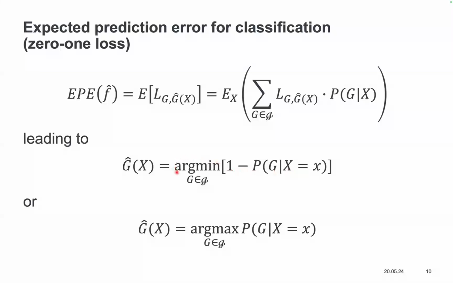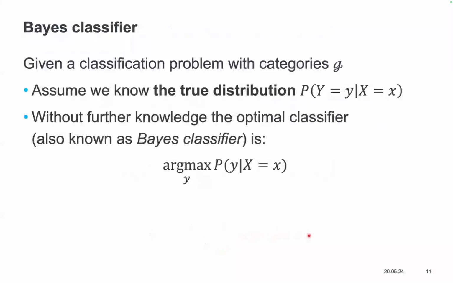And of course, instead of looking at a predictor that minimizes this 1 minus the probability, I could as well describe my classifier as the one that picks the most probable class given a particular object description. Now, this is actually then the Bayes classifier.